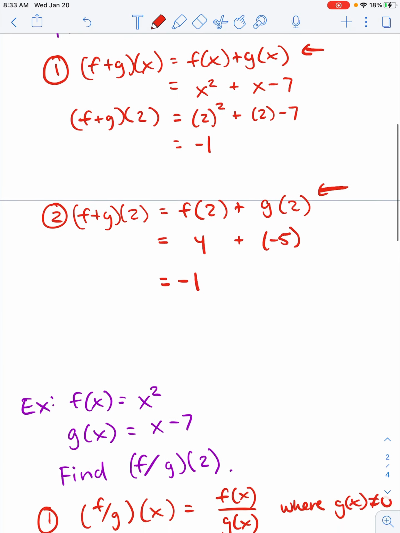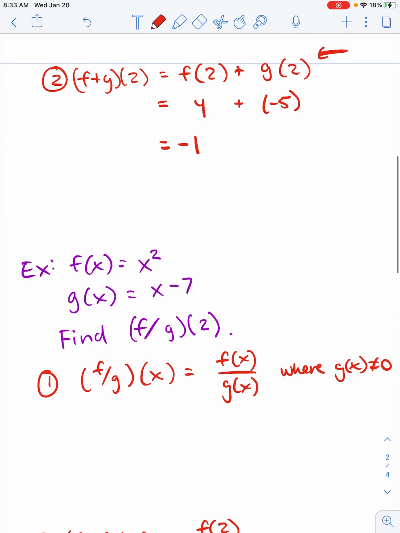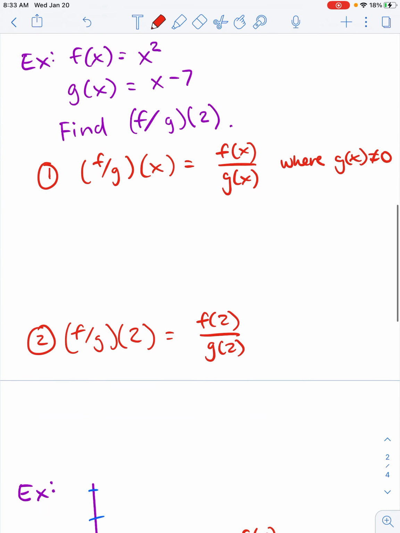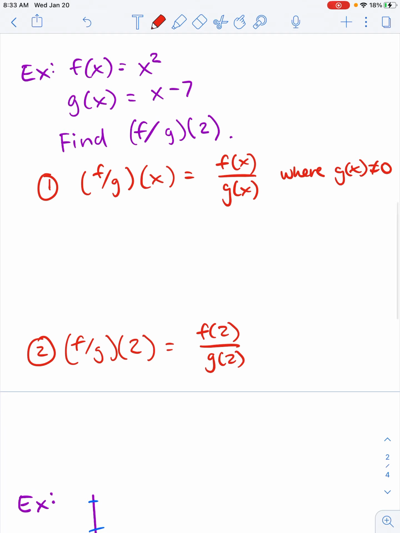Let's do one with division. So same functions, same f of x, same g of x. Now I want to find what f divided by g of 2 is. So I could first start with my function operation definition. So f divided by g of x is f of x divided by g of x. So that would be x squared over x minus 7.